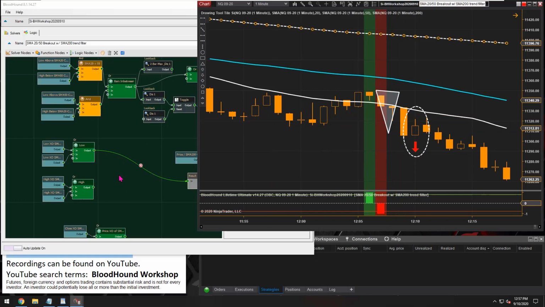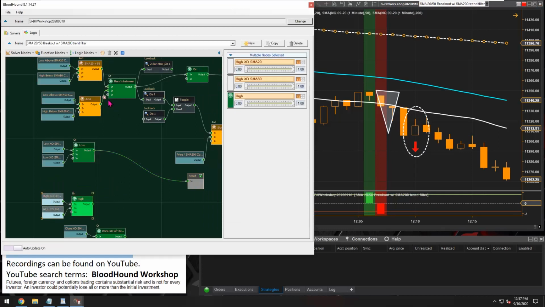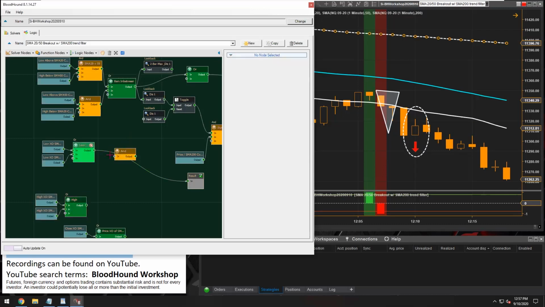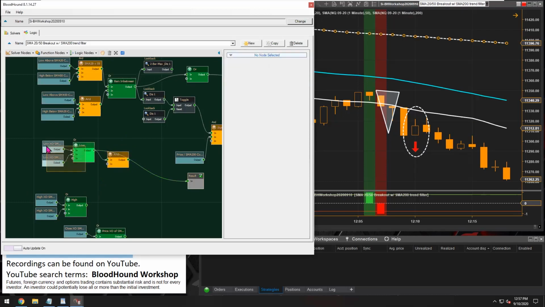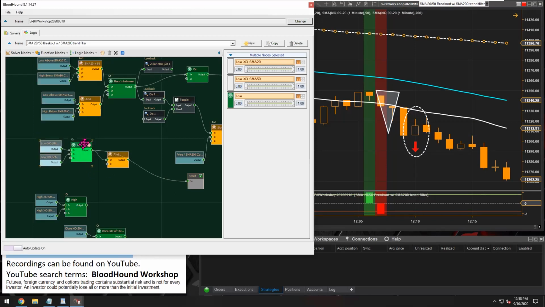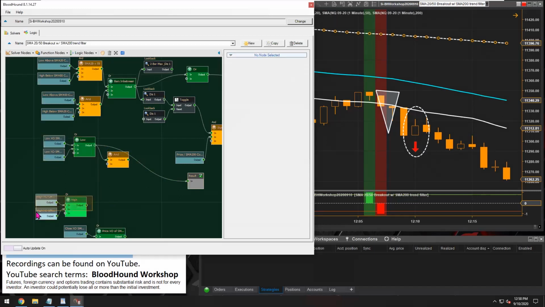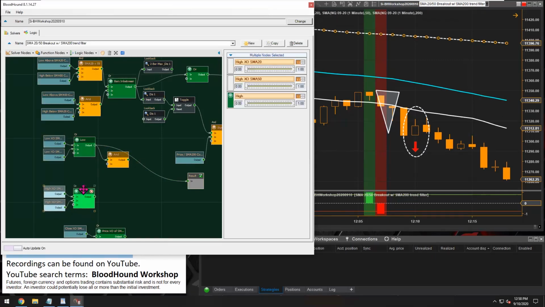Well, I thought I had it, but all right, here we go. I think I got a solution. So I know I'm going to need some AND nodes. Basically the AND nodes, combined with another solver, are going to determine whether the low price crossover signals get through or whether the high price signals get through.